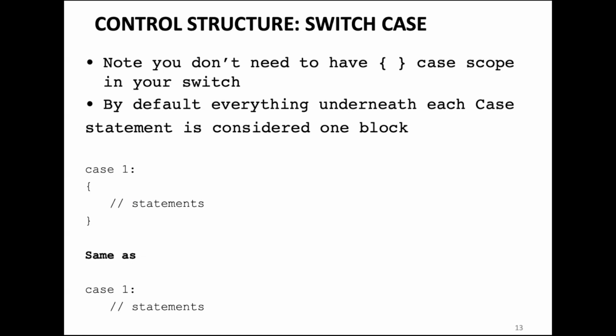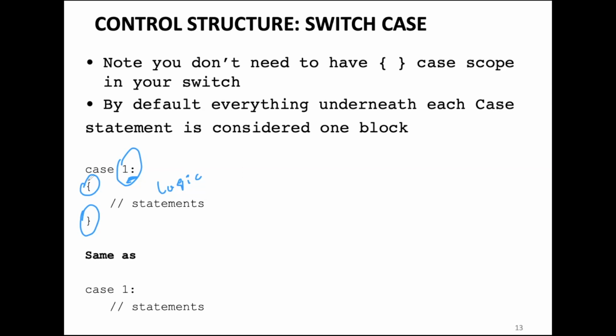A lot of times when you write a switch case, in the past, I've seen people using curly braces to encapsulate these various different statements. These are your logic associated with case 1, where 1 is what the switch statement evaluates to from an expression standpoint.